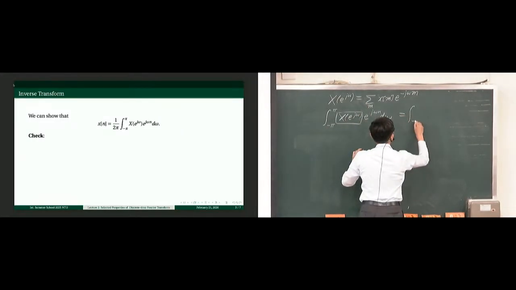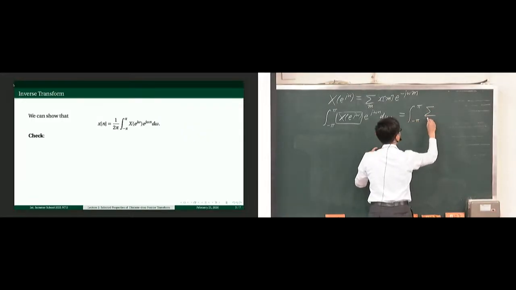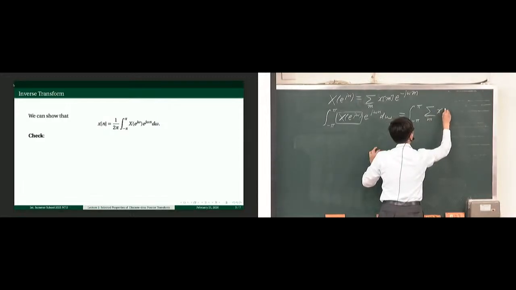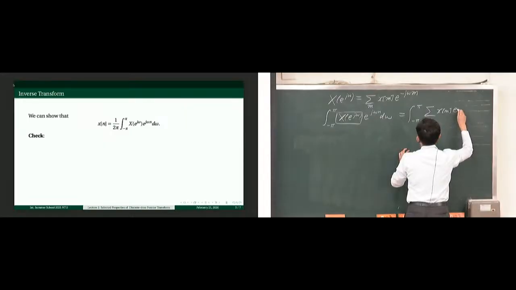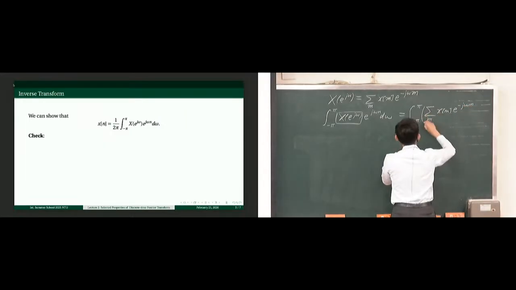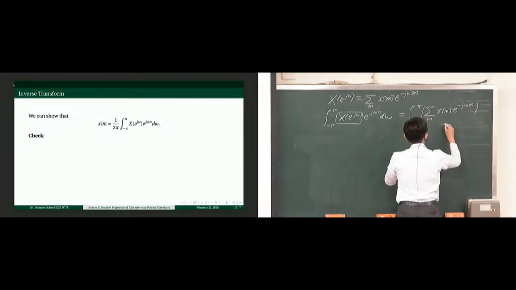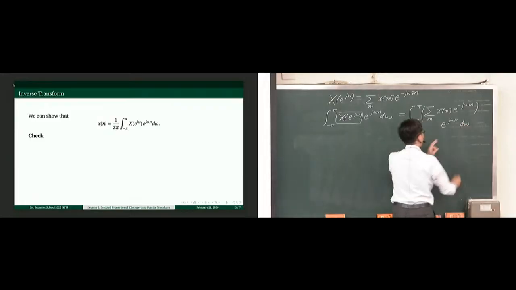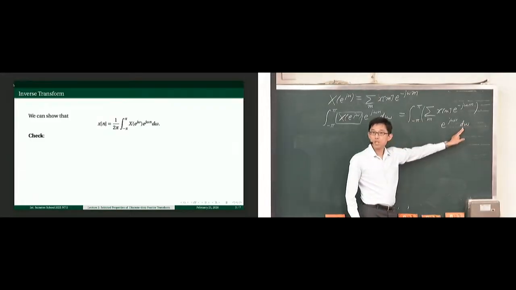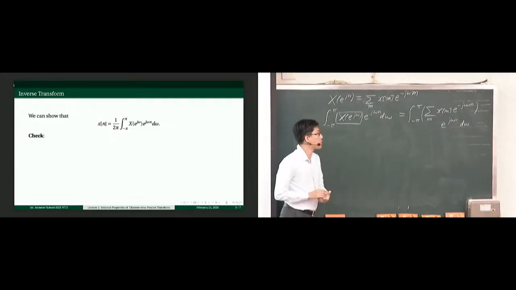When we do that, we have the summation over m of x of m, e to the minus j omega m, times e to the j omega n, and the integral goes with d omega. Just a simple substitution.